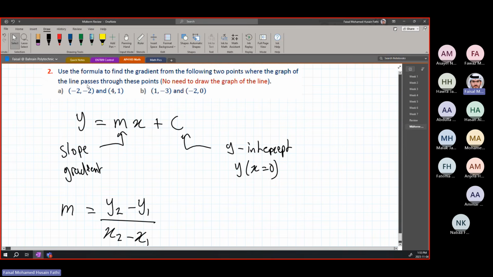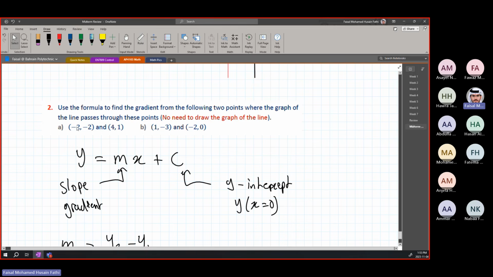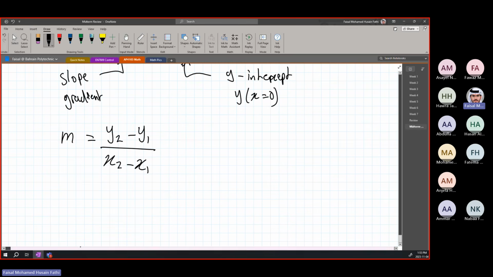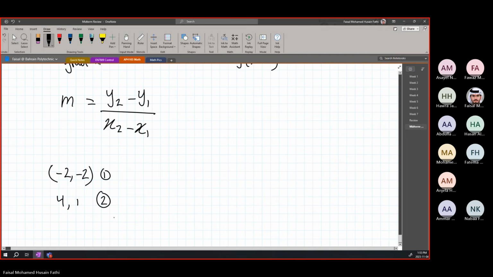Now let's go through the concepts. Use the formula to find the gradient. They want us to find the gradient of these lines without drawing. So we have -2 and -2, and 4 and 1. So -2, -2 is our first point, point 1. Point 2 is 4, 1.